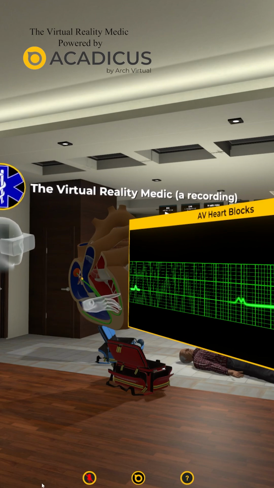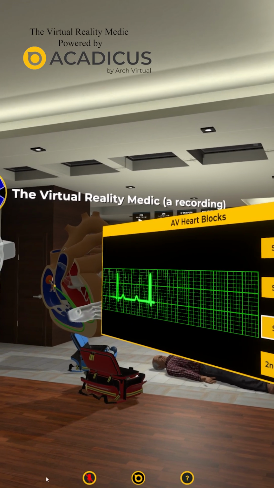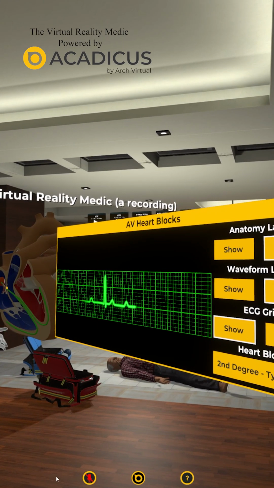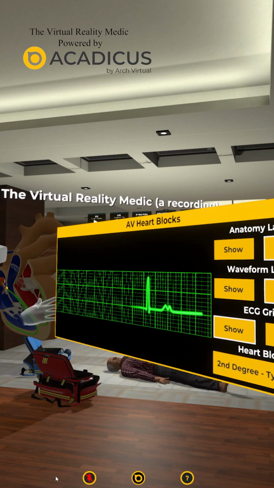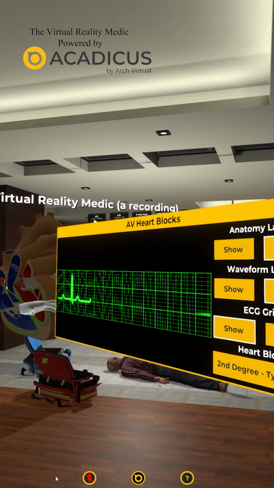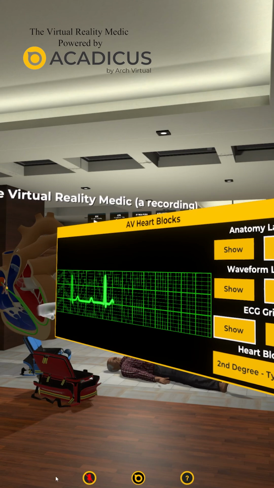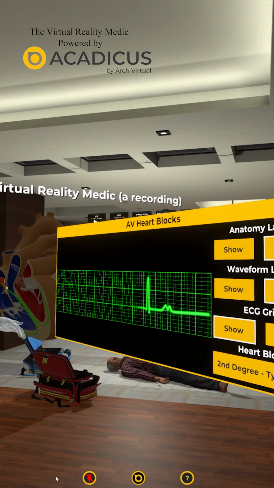So watch, because here comes the ECG. There's the P wave, there's the QRS. You've got some extra distance between them. You want the P wave and the QRS complex to fall inside the same big box here, and it's definitely not doing that. You got a little more delay, and then look, no QRS complex. Where'd it go?